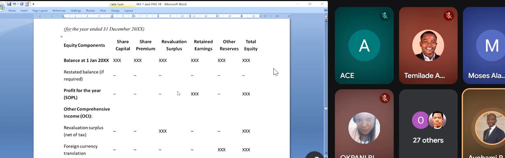Whatever you have there as the headline, usually just carry it and bring it as your headings for your statement of changes in equity. But this total must always be there at the tail end. And then the first item that comes there are the opening balances.